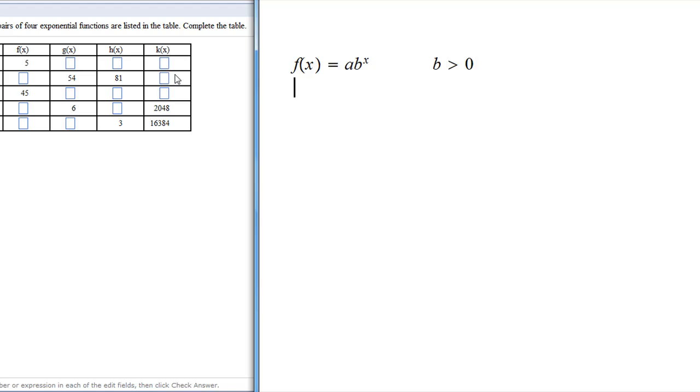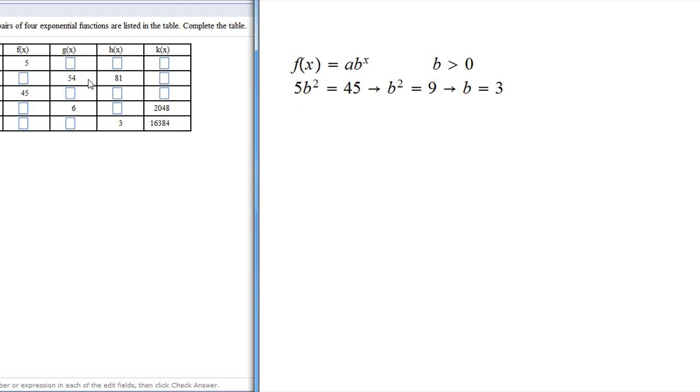That means we have this 5 times b square, the square of our base, that has to equal 45, which will give us b square is 9, and in this case we are going to take only b equals 3.